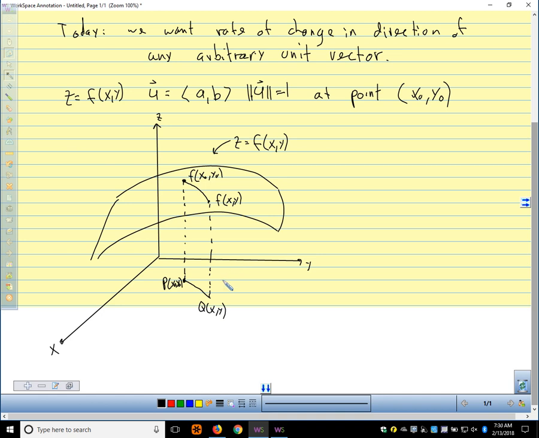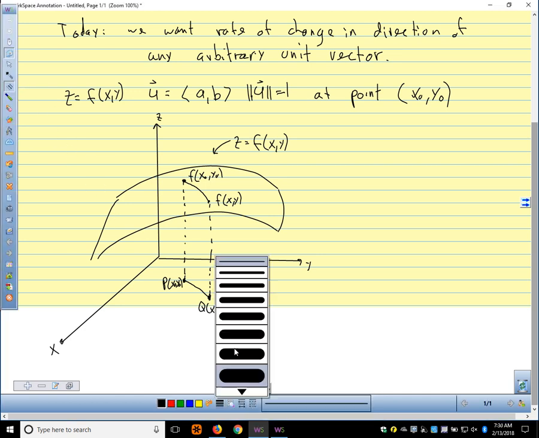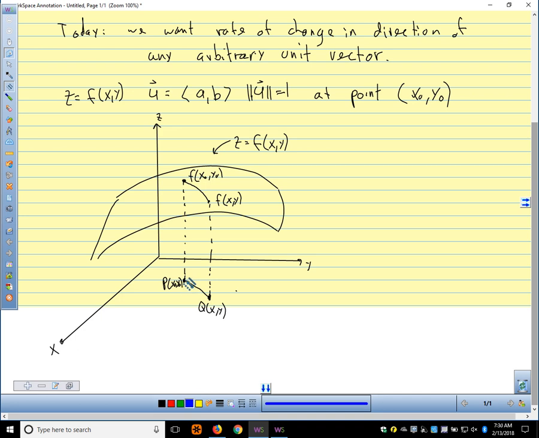And the vector that we're talking about here is in the direction of PQ. So here's our unit vector. I'll make a thick line there. I'll do it in blue. So there's u. So there's my unit vector in the direction of the vector PQ.